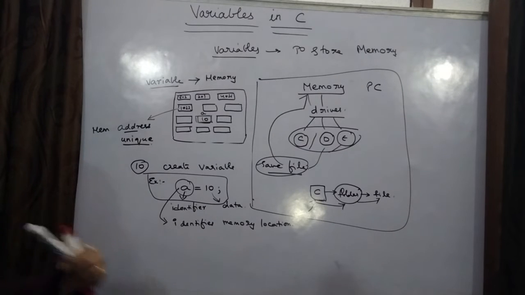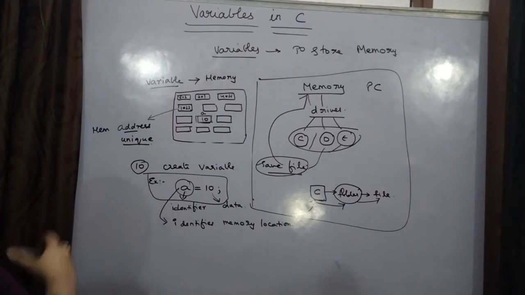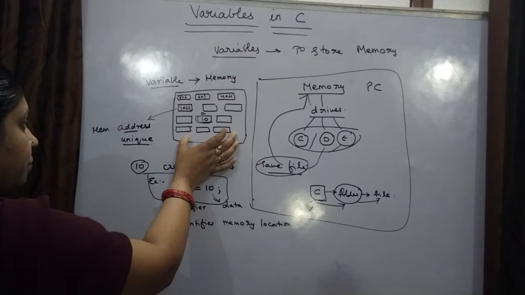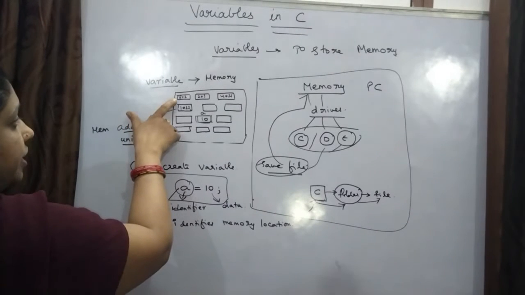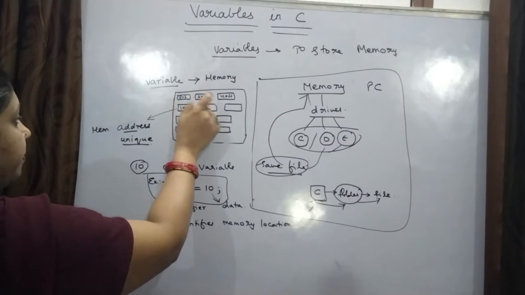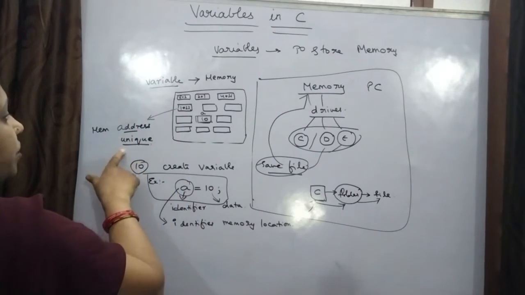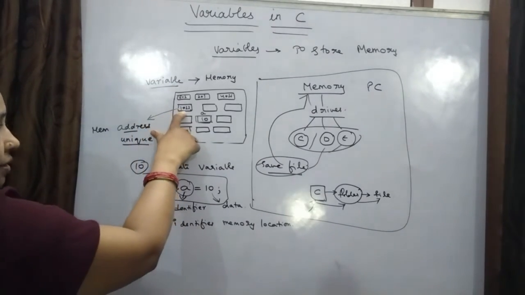So here you understood how the memory is divided. Memory is divided into different partitions, and each and every memory location will have a unique address.